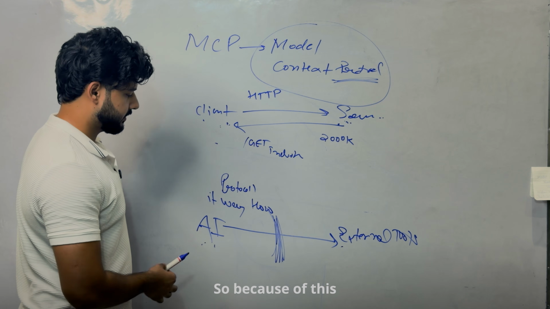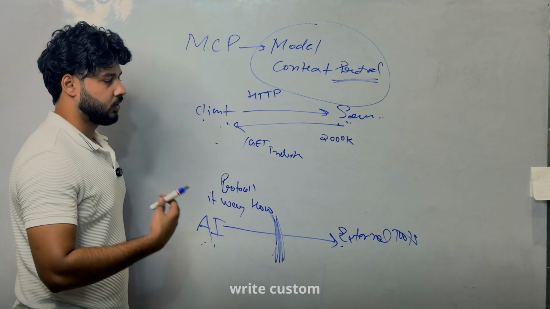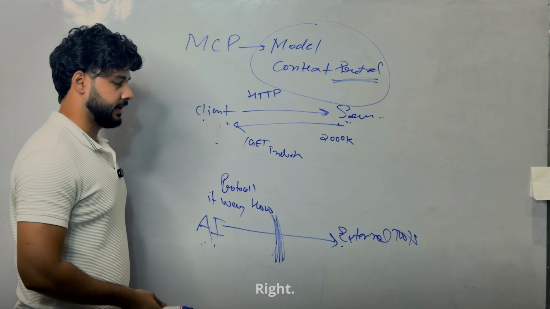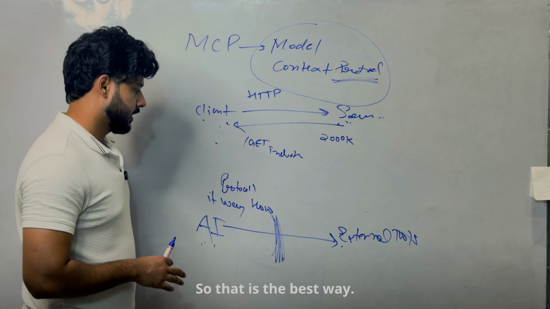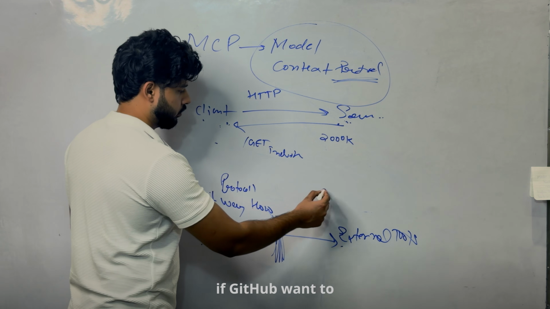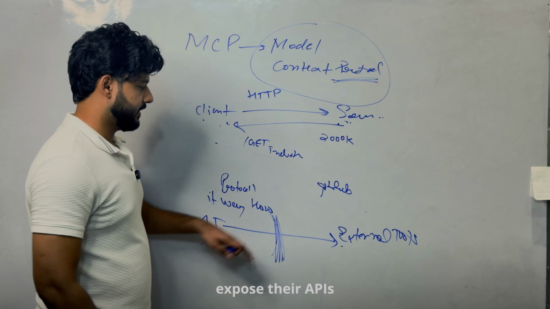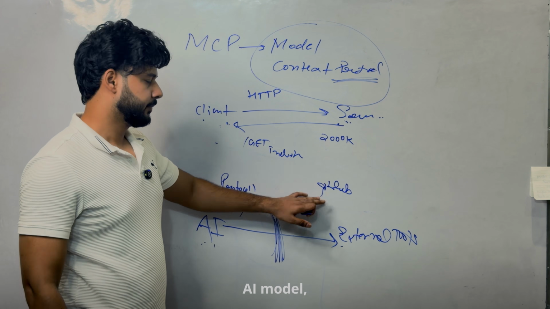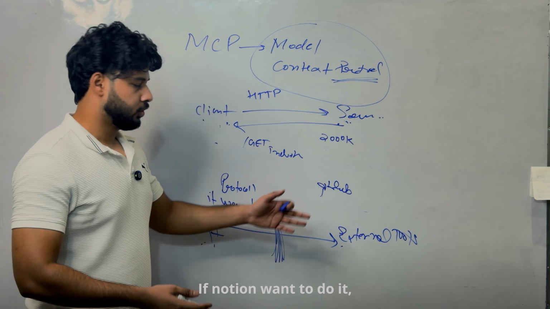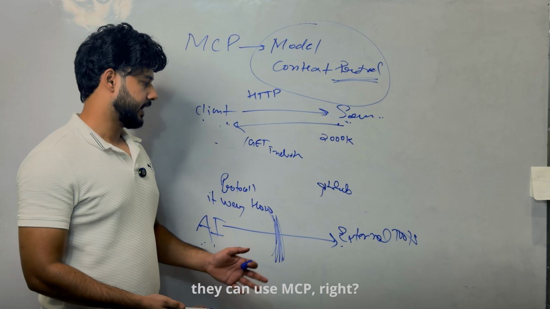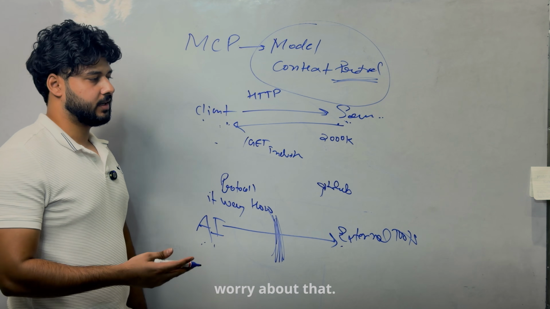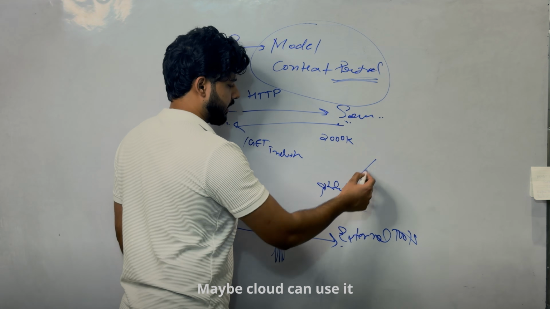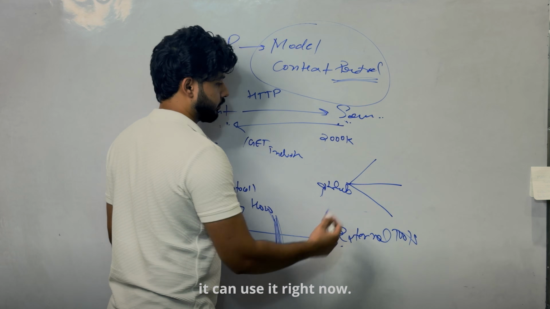Because of this, we would not have to write custom integrations for each application. So that is the best way. Tomorrow, if GitHub wants to expose their APIs to some AI model, they can use MCP. If Notion wants to do it, they can use MCP, right? So GitHub doesn't need to worry about who uses it. Maybe Claude can use it, ChatGPT can use it, Grok can use it, right?